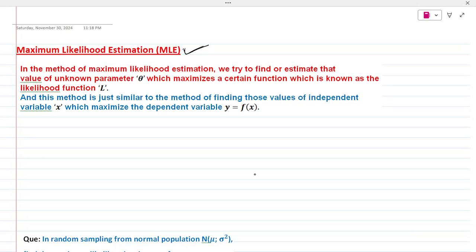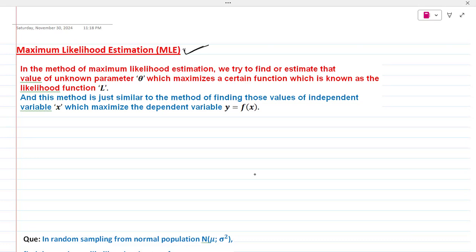Now this is maximum likelihood estimation. At present, we are discussing the characteristics of a good estimator. By now, we have discussed three characteristics: unbiasedness, consistency, and efficiency. And now this is MLE, maximum likelihood estimation.